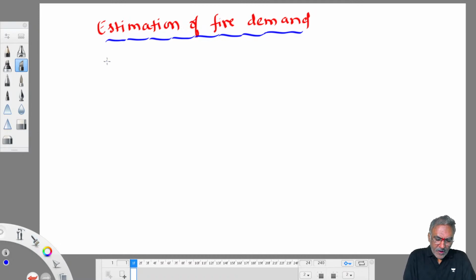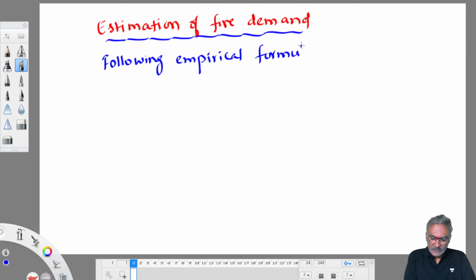We have empirical formulas, and using these empirical formulas we work out fire demand. The following empirical formulas are used to estimate fire demand.